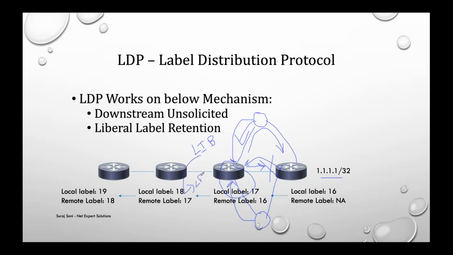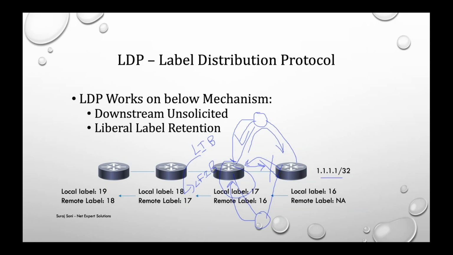That entry will be used for sending the packets now. So it saves my time. But yes, I will be keeping all the unnecessary labels which I may not need. But as it's a neighbor and he is allocating with LDP enabled, I will retain that. So that's why it's called liberal label retention.